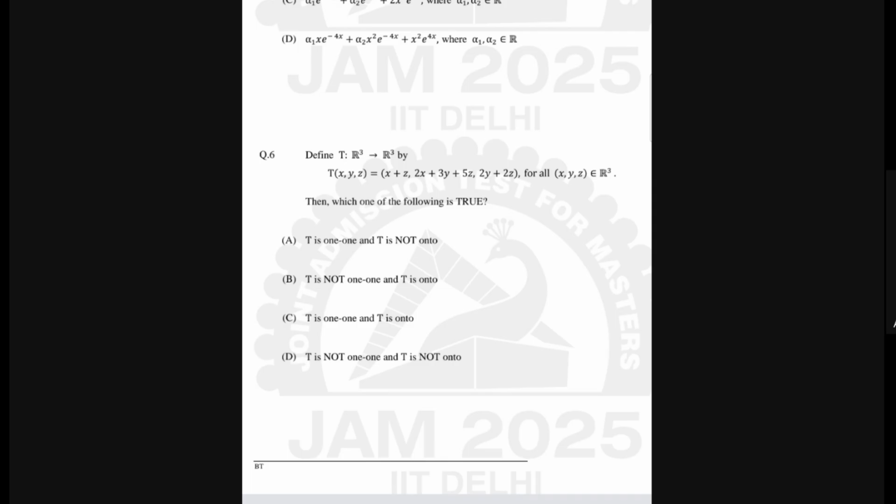So, are all of you aware, like when we are saying a function T is 1-1 or onto? Yes. Okay.